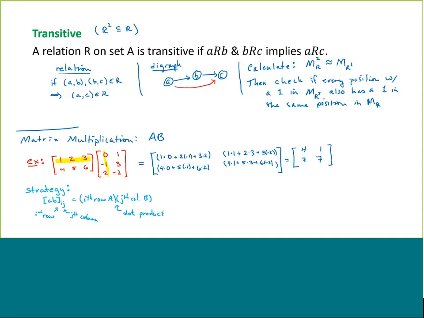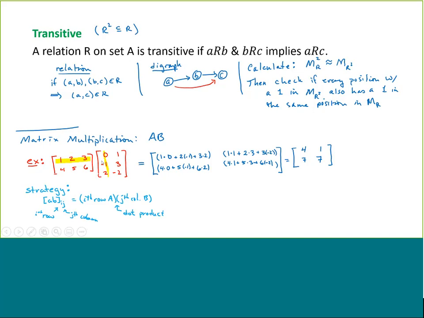Notice what you have to have in terms of the sizing of the matrix. You have to watch out that the number of columns in the first matrix, in other words, how many numbers are in your row, matches the number of rows in your second matrix, or number of entries in your columns.